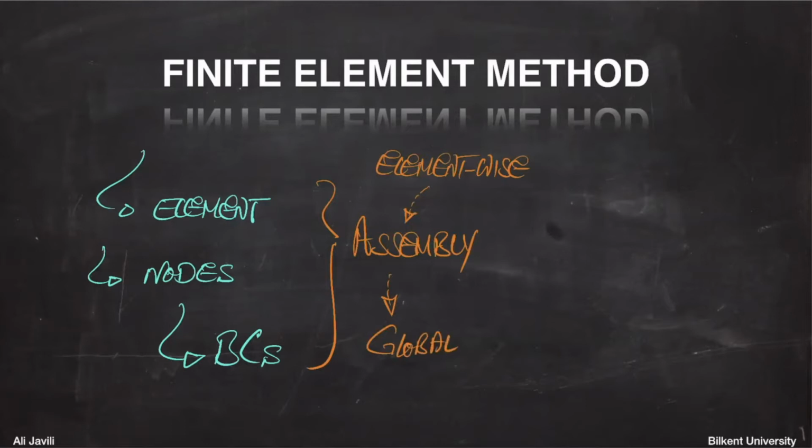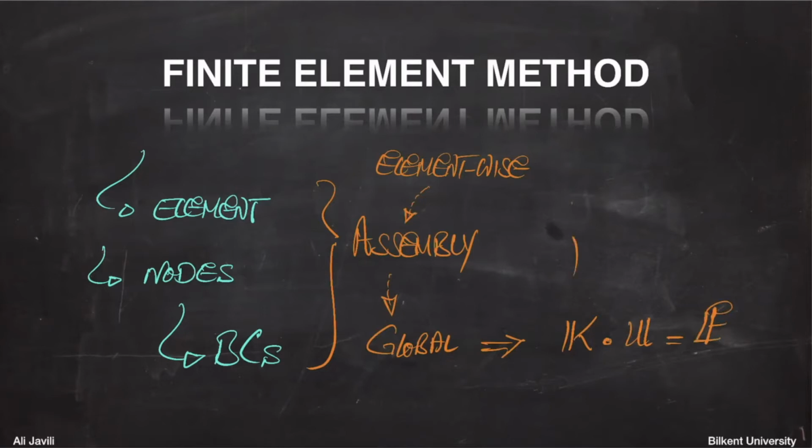Now, it turns out that that global system always looks like some sort of K, which we call the stiffness matrix, times a displacement vector for the entire system. And on the right-hand side, you would have a force.